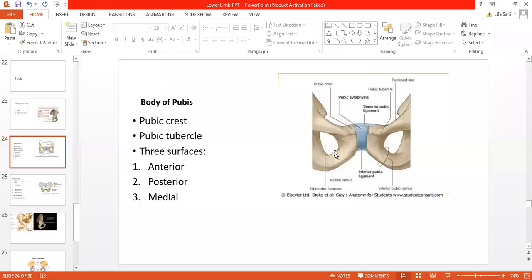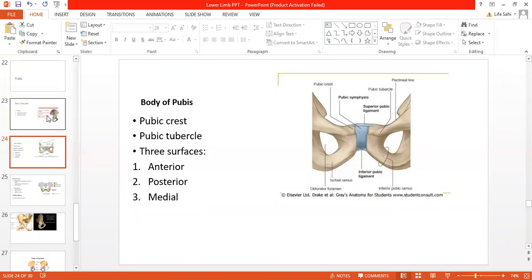Next surface of the body of the pubis is anterior surface. Anterior surface of the body of pubis is directed forwards, as the name is self-explanatory, or in an intact pelvic girdle, we can call this surface as outer surface too.